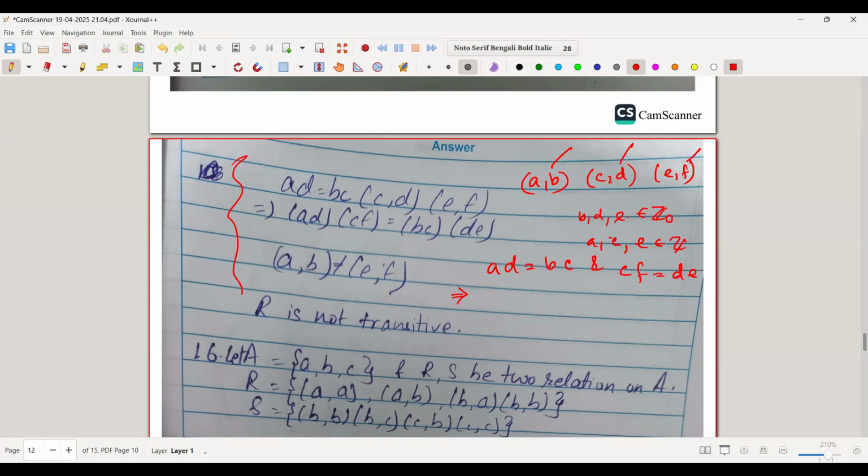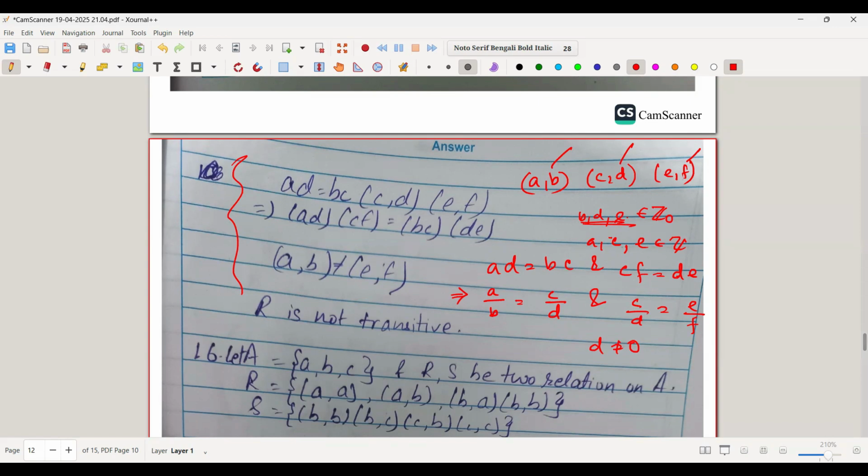So this is a by b equal to c by d. So here it is given that d not equal to 0. That is why you can write it. So c by d equal to e by f.